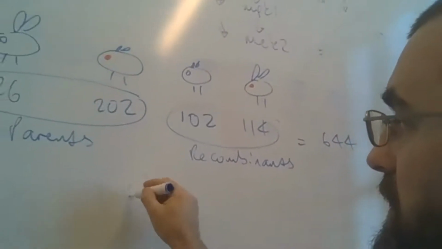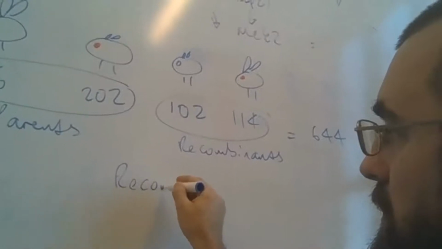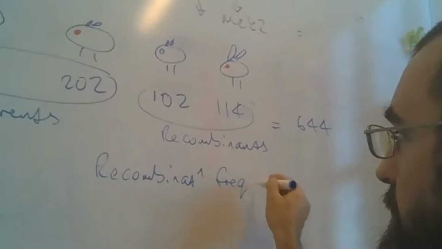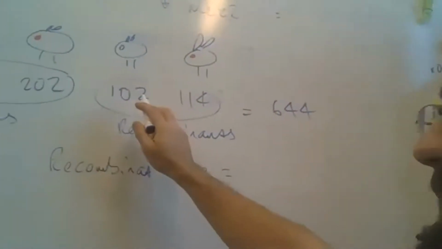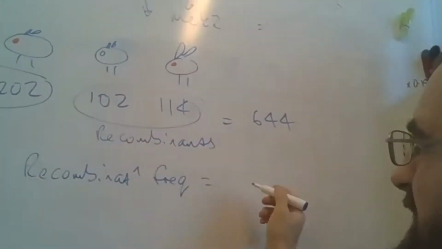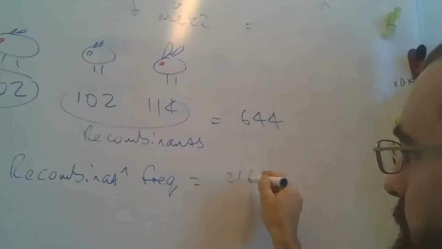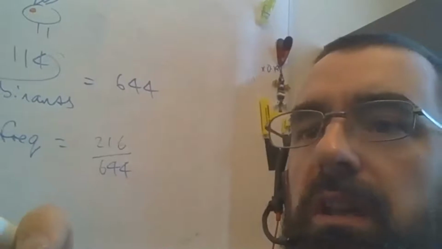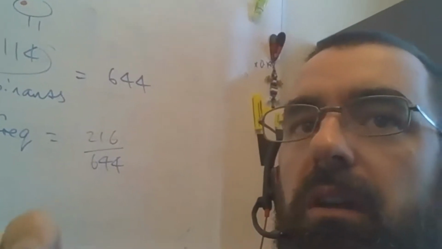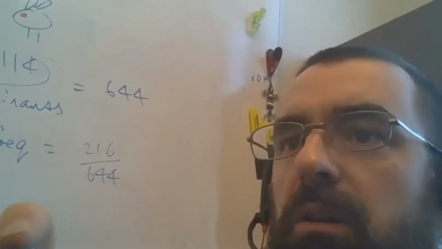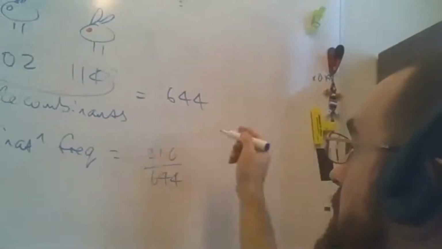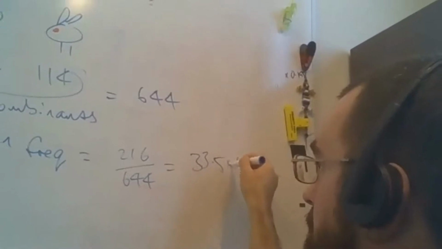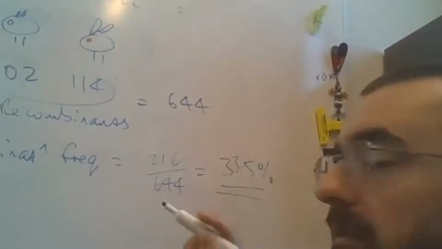So that's going to be these two added together, which is 216 over 644, which again, I'm just going to cheat. 33.5%.